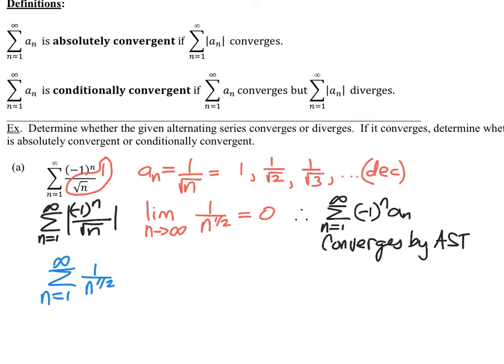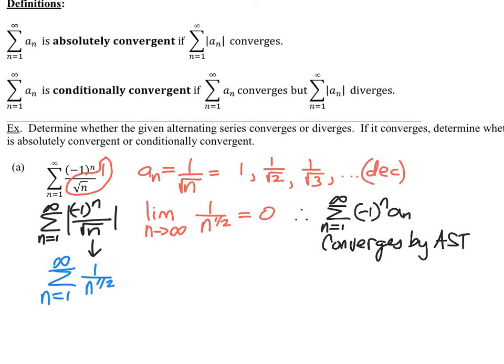So square root of positive is positive. -1 to the nth is going to be positive or negative depending on what n is. But if I'm taking the absolute value of it, then any negative is going to go to a positive. So really, anytime you're looking for the absolute value of an alternating series, all you're doing is dropping the -1 to the power part of it.